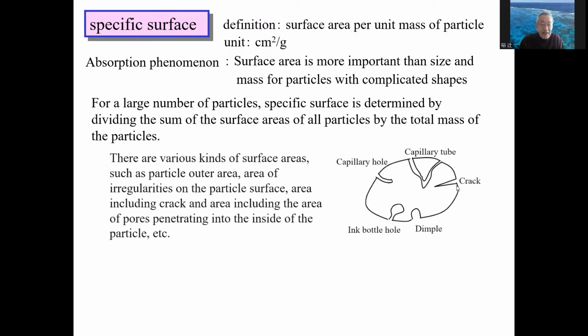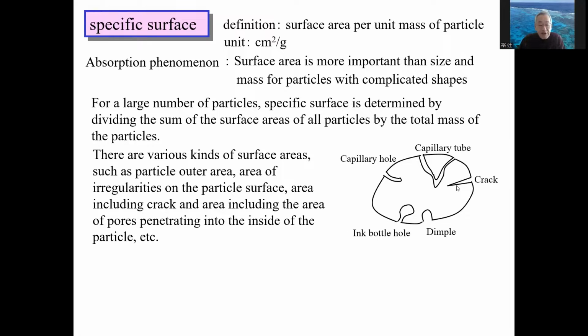There are various kinds of surface area, such as the particle outer area, the area of irregularity on the particle surface, the area including cracks, and the area of the pores penetrating into the inside of the particle.